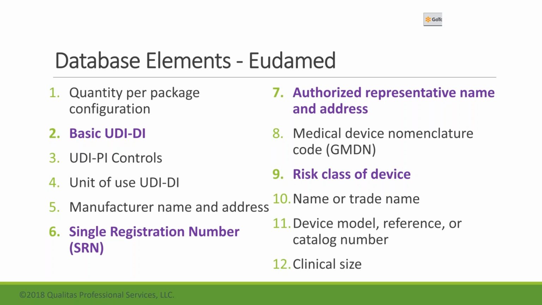This is a little bit different from the FDA because the FDA requires the device model as the required element. The catalog number is optional. There have been some changes with that recently, though, because it caused confusion, and the FDA is acknowledging that the catalog number is more often used. So slight difference there between the US and the EU.